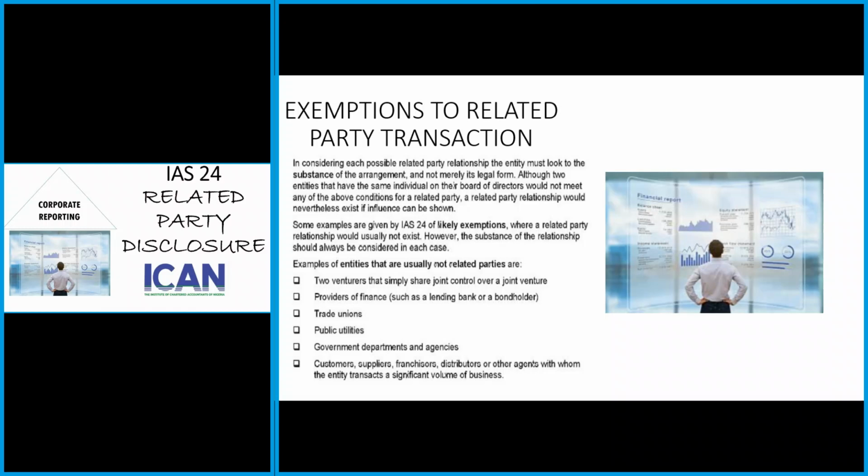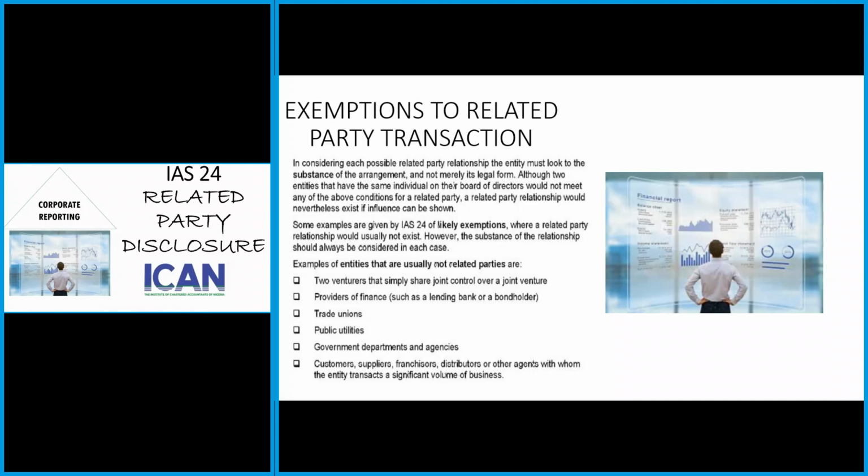So that you use a public utility does not make it have influence over you unless it's proven otherwise. Government departments and agencies, you pay your tax, that will not make you have a related party transaction with the government agency.